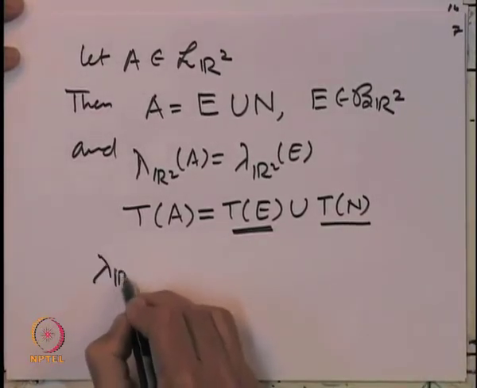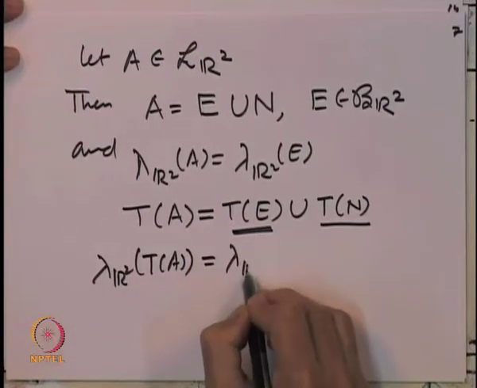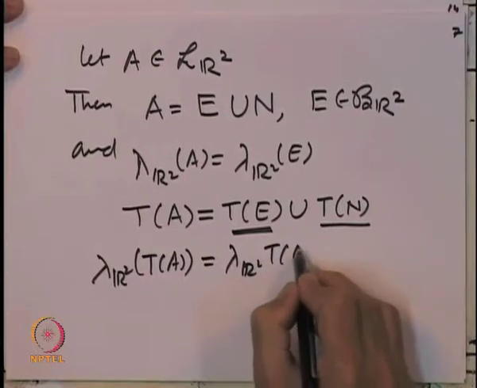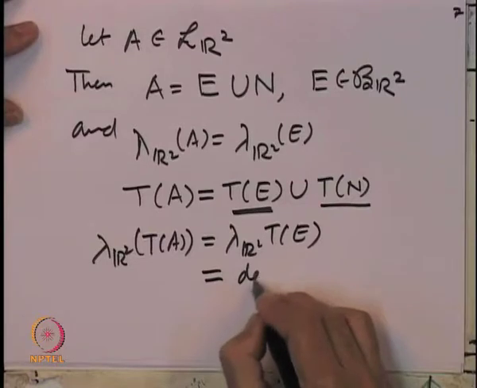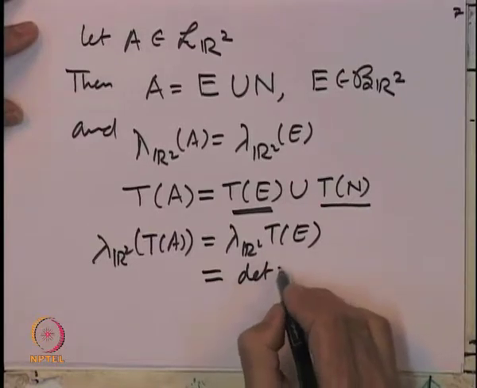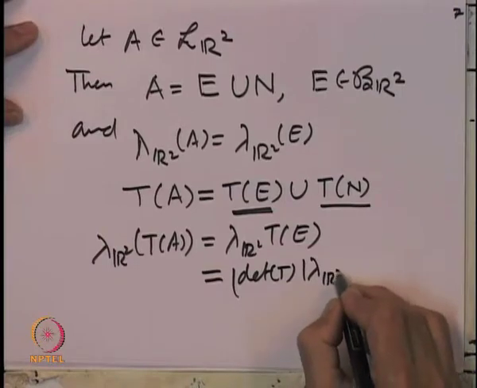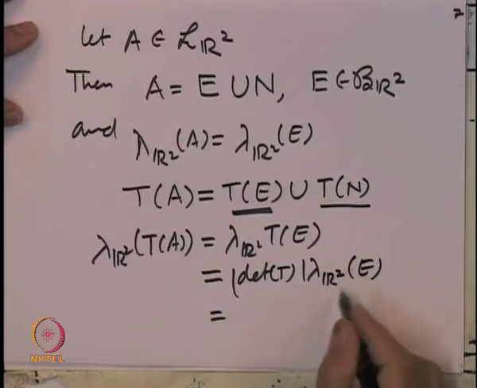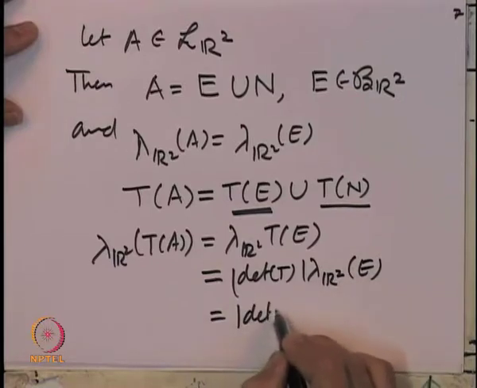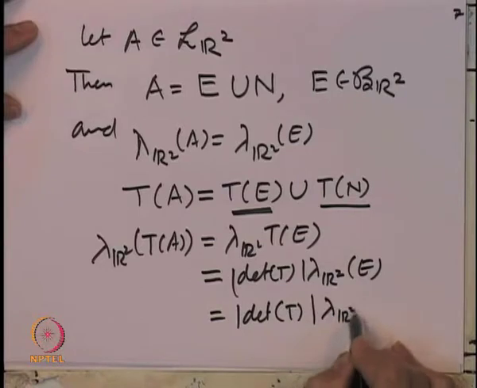So, Lebesgue outer measure of T of A is equal to Lebesgue outer measure of T of E, which is equal to, because this is a Borel set, determinant of T times Lebesgue measure of the set E, and which is the same as the Lebesgue measure of the set A. So, this is the same as determinant of T times Lebesgue measure of A.